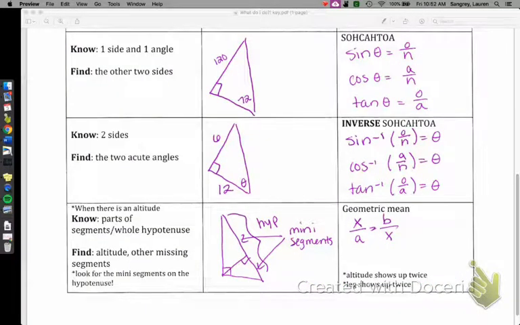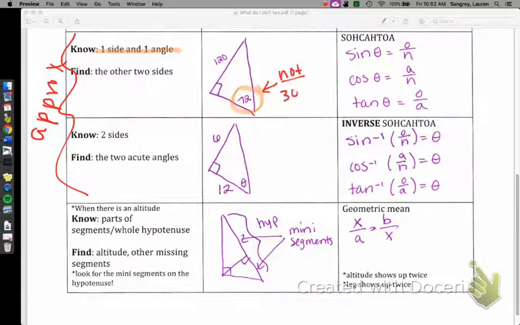Now we use trig as a last resort because when we use trig, we have to have approximate answers. So we will have decimals with trig and there's no way to avoid that. So if you see a right triangle and you know one side and one angle, however, the angle that you know is not 30, 60, or 45.